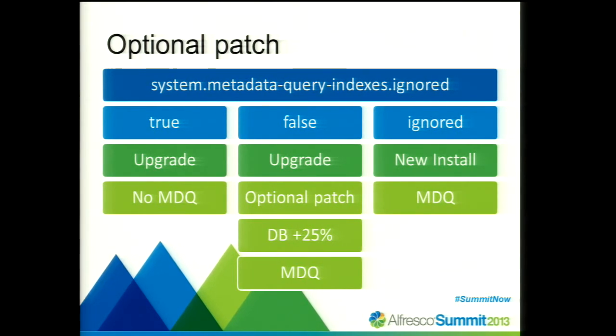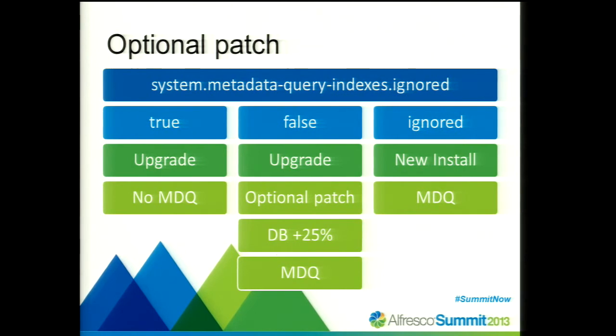We'll talk about the impact later, but typically you're adding about 25% to your database size, because those indexes are quite large, as we're indexing all the string properties that exist in our property table. So there is a cost.